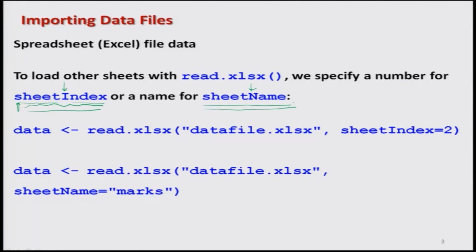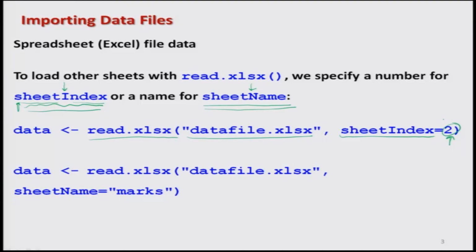In that case the complete syntax will be read.xlsx, then the name of the data file that you want to read inside double quotes, then you write sheetIndex, and then which sheet you want to read. For example, here I have given 2, which means I want to read sheet number 2.